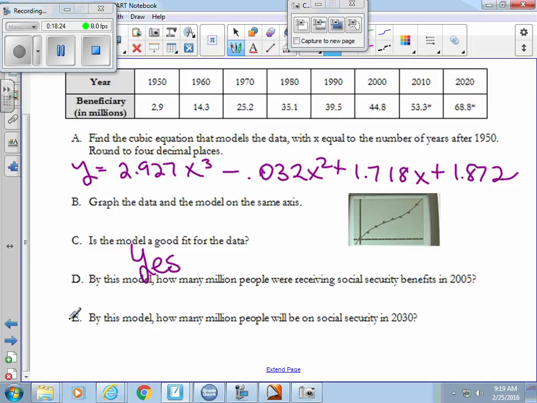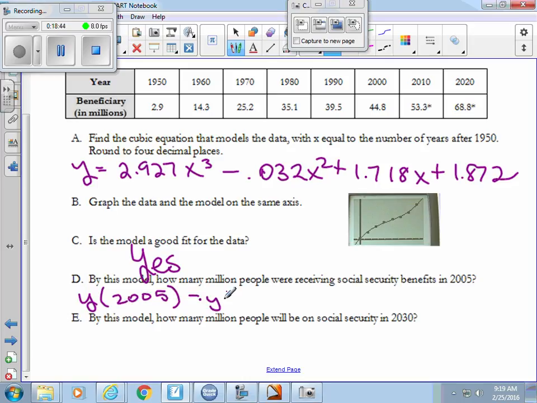According to the model, how many million people were receiving Social Security in 2005? How am I going to do that? I'm going to put 2005 in my function. Do I type 2005?